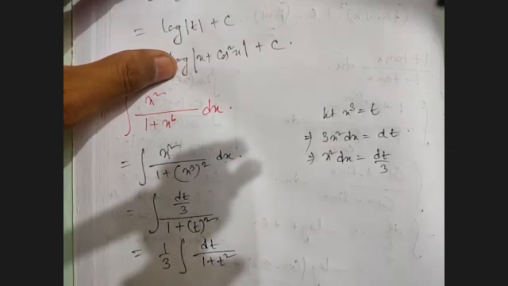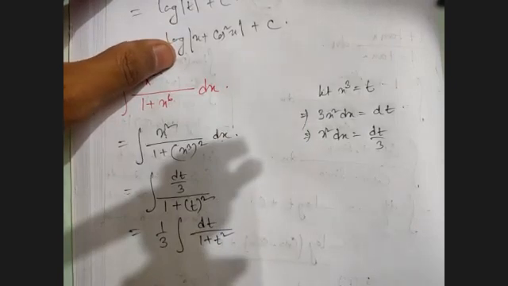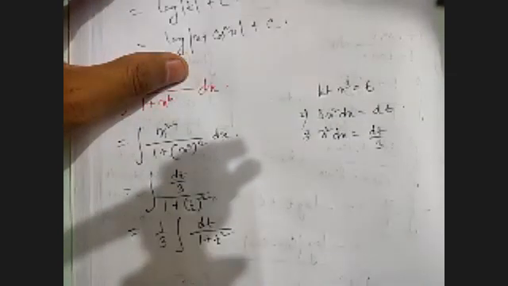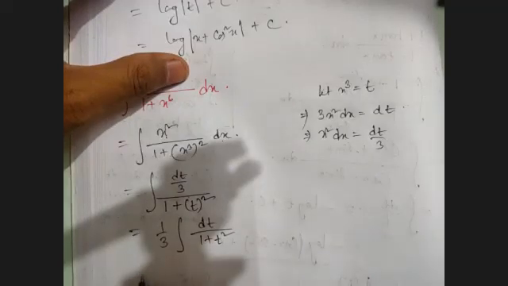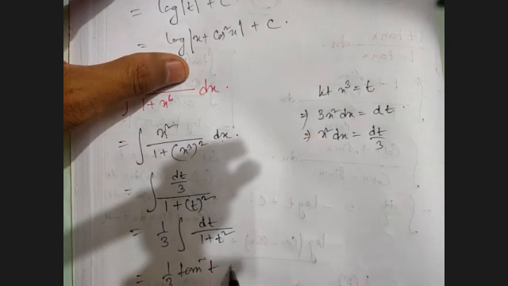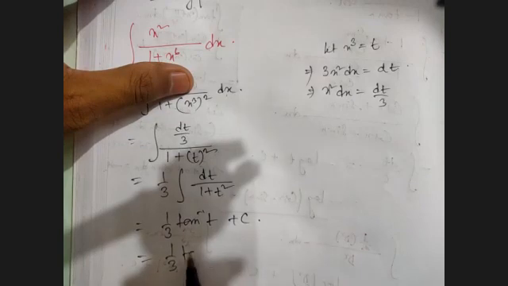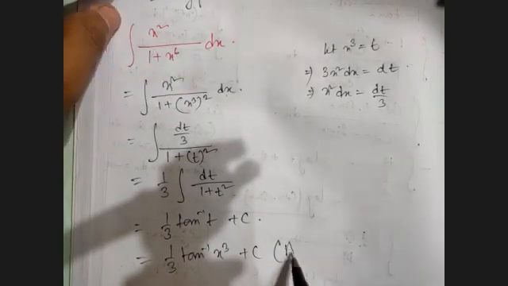And the formula of this we have. What is the formula? Integration of dt by 1 plus t square is tan inverse t. So equals 1/3 tan inverse t plus c, which is 1/3 tan inverse x cube plus c. This is the answer.